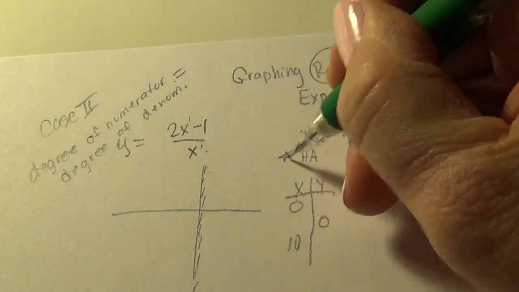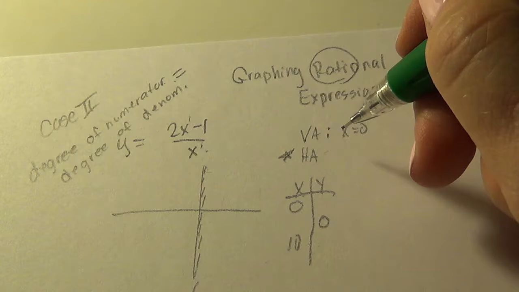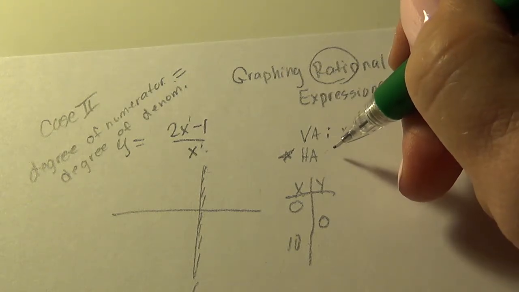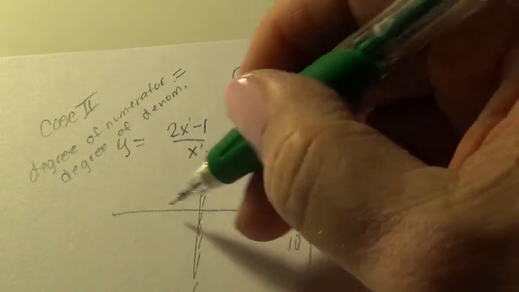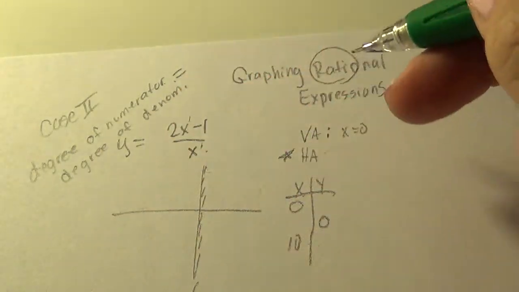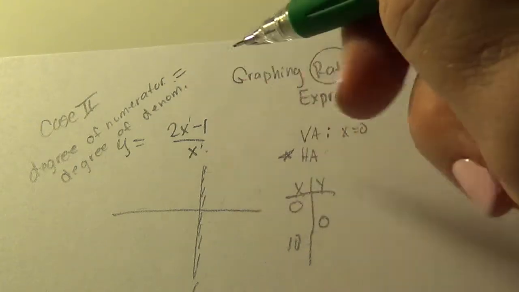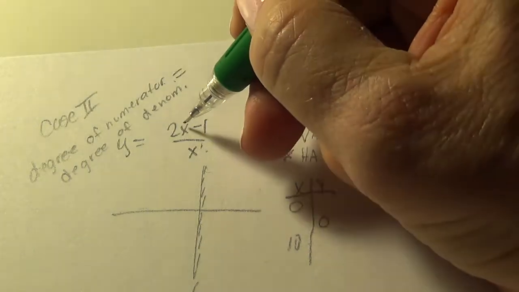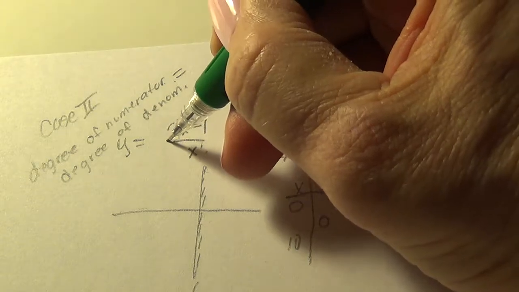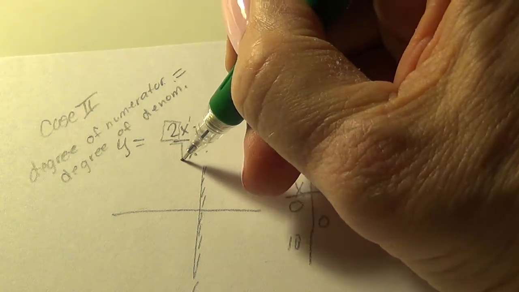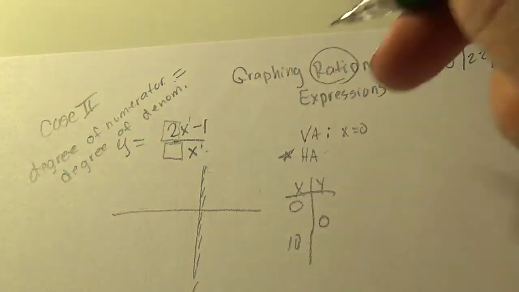In case 1, the horizontal asymptote was always the x-axis. But today it's going to be found in case 2 a different way. The way it is found is the lead coefficient in the numerator divided by the lead coefficient in the denominator.